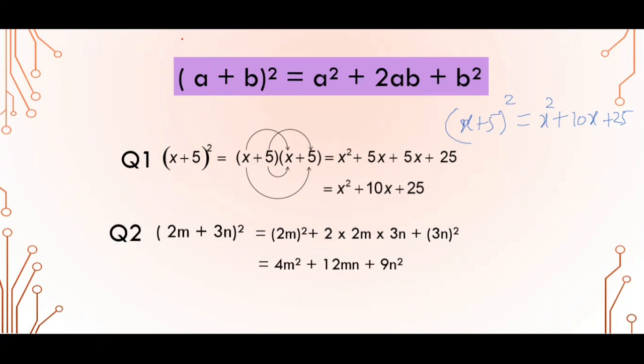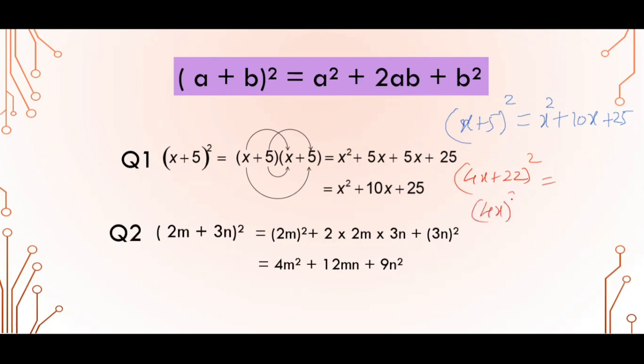So let us take one more question over here and see how easy it becomes, right? For example, let me take 4x plus 2z the whole square, right? So compare with the identity. My 4x is nothing but a. So if I have to compare with this identity, it becomes 4x.